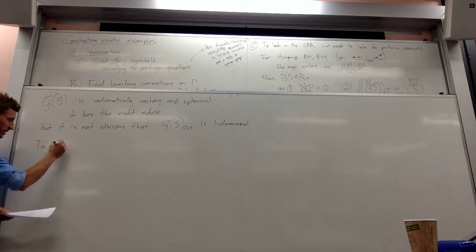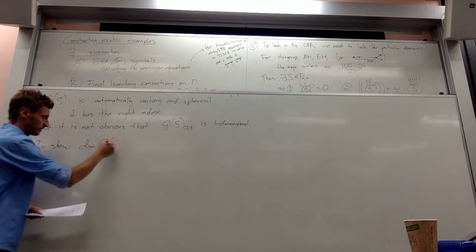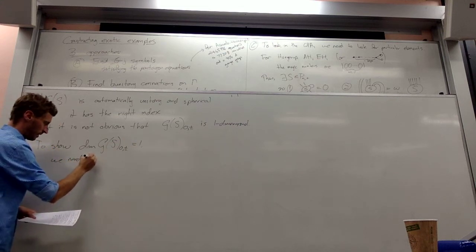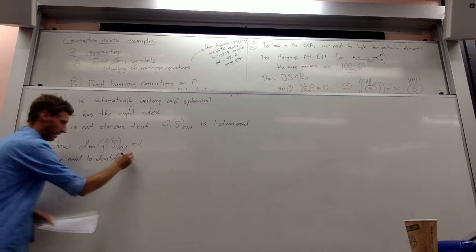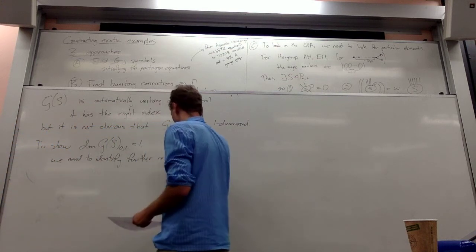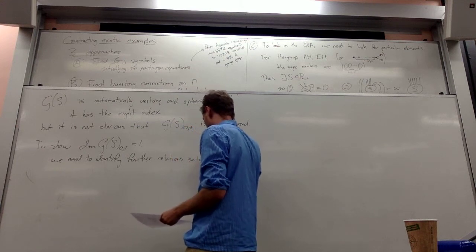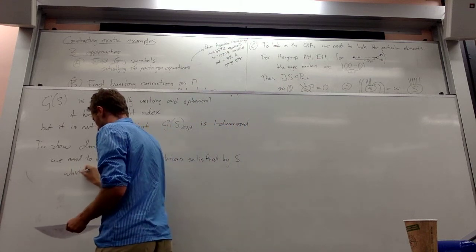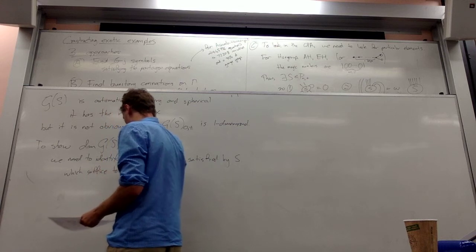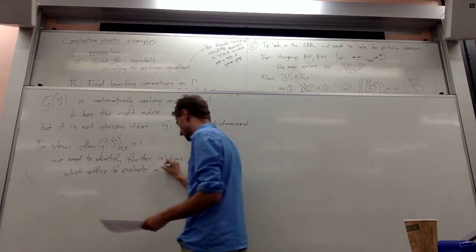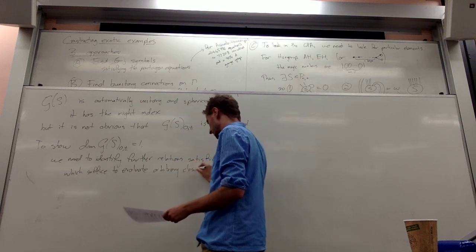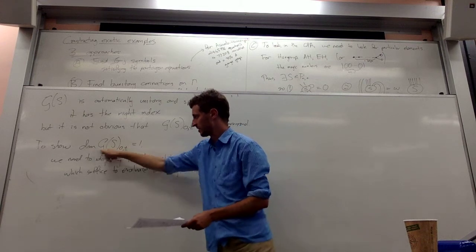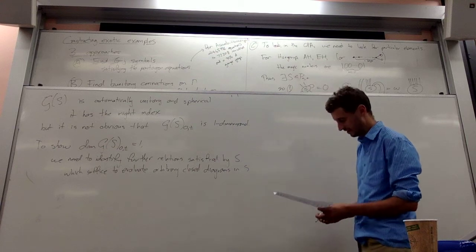So to show that this equals 1, we need to identify further relations satisfied by this element S, which suffice to evaluate arbitrary closed diagrams built out of S. Okay, so a priori, this thing is just all planar diagrams built out of some number of S's glommed together.